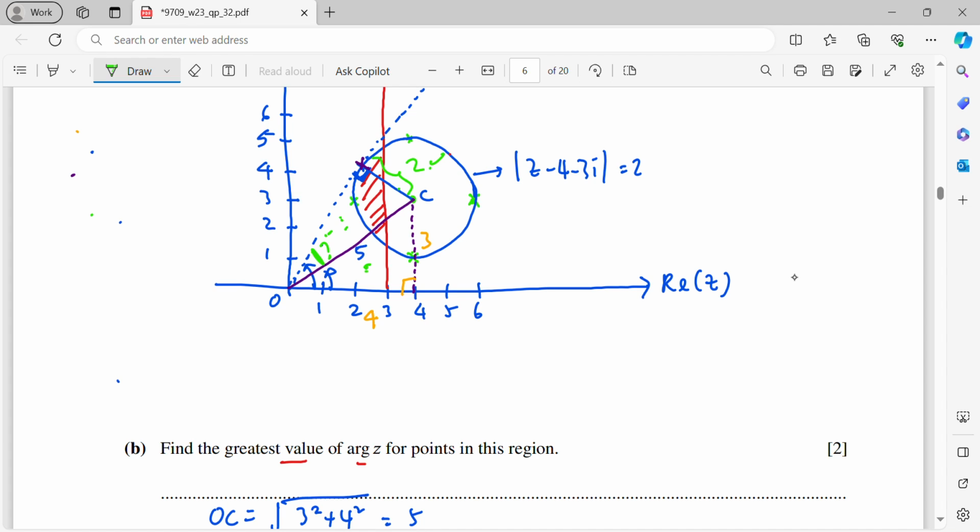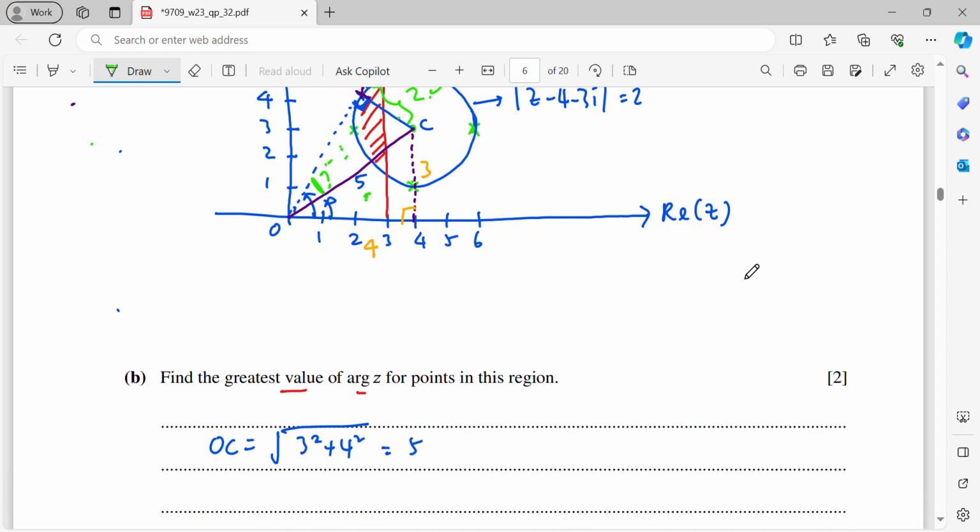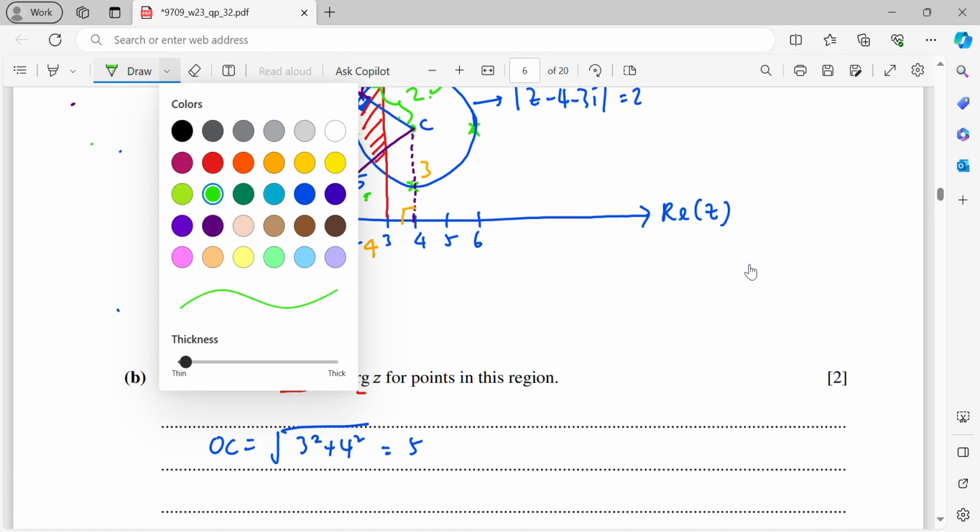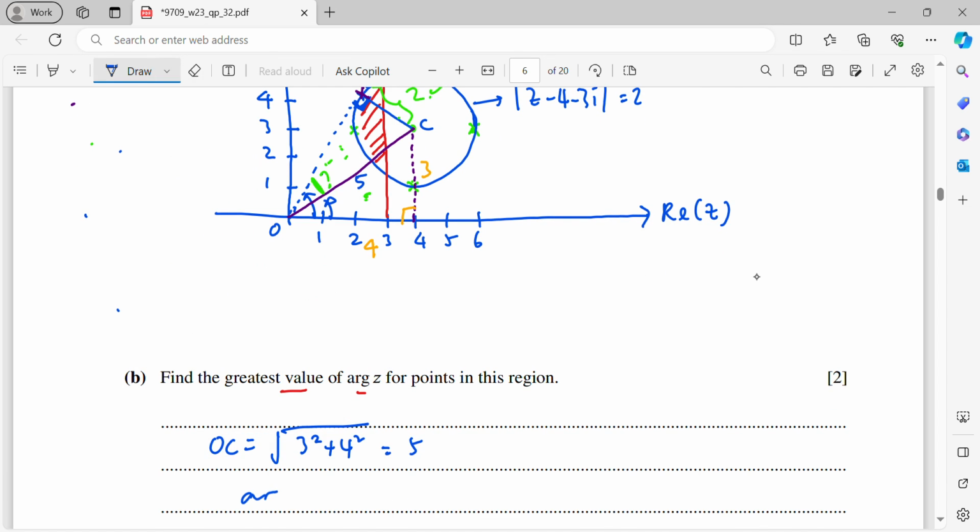Opposite and hypotenuse means sine. So my argument z is inverse sine of 2 over 5, the green angle, plus the blue angle.